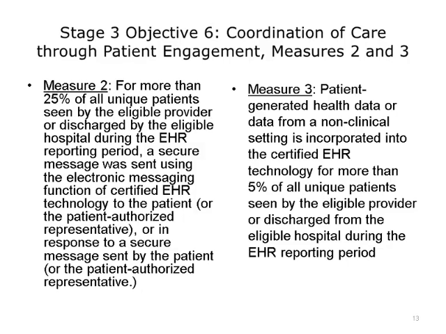The third measure requires that greater than 5% of patients be able to generate data and upload it into an EHR. The eligible provider or eligible hospital has to meet all 3 of the measures in Objective 6. However, they only need to meet the thresholds on 2 out of 3. These measures truly support an increase in interoperability with patients.